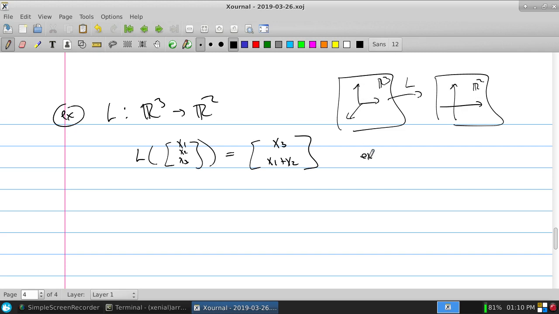So for example, where would L of, let's say this vector right here, say x is 1, y is 2, and z is 1, say this vector is right there, where would it get mapped to?